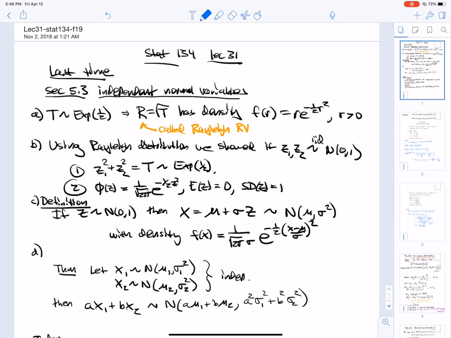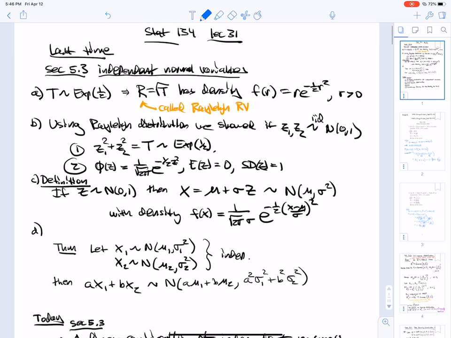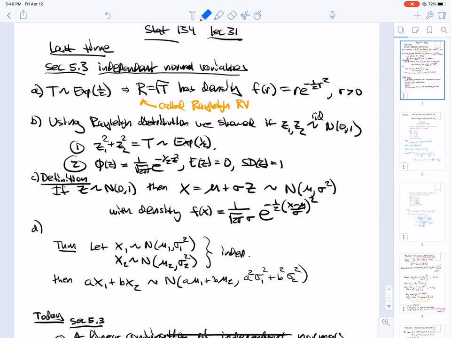Also, using the Rayleigh distribution, we showed that if Z1 and Z2 are IID standard normals, then the sum of squares of Z1 and Z2 is an exponential 1/2. And furthermore, the density of the standard normal has constant 1 over the square root of 2 pi. The expectation of Z is 0 and the standard deviation of Z is 1.